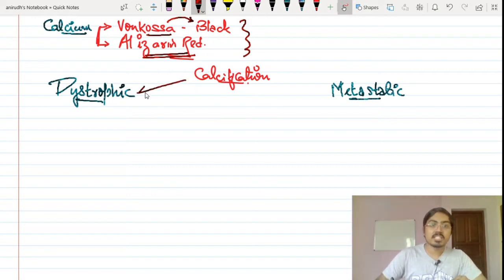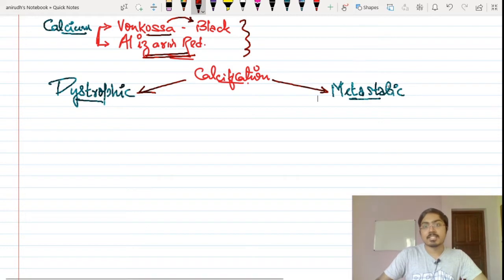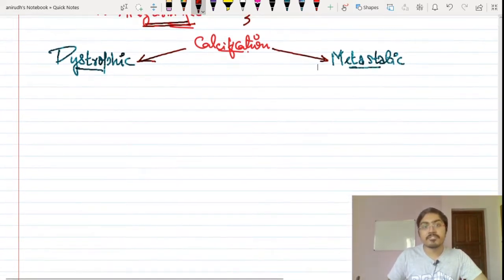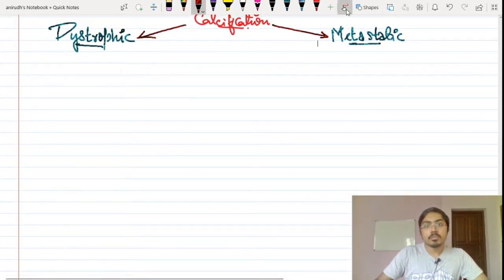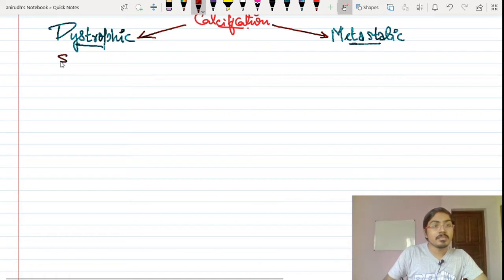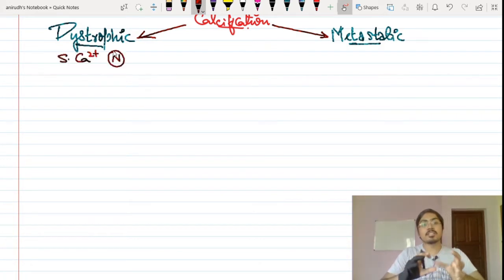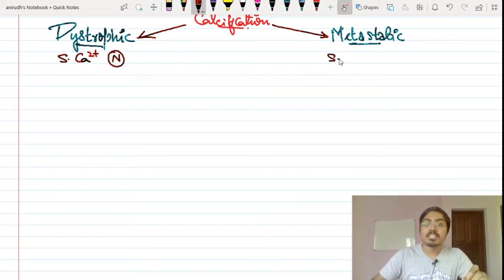Now calcification can be of two types: dystrophic calcification and metastatic calcification. Let us try to differentiate them, and these are all probable questions in the exam. If I start talking about dystrophic calcification, remember that the serum calcium level of this particular patient is normal. So there is no excessive amount of calcium inside the blood of this person, while the serum calcium of a patient suffering from a metastatic calcification is increased, right?